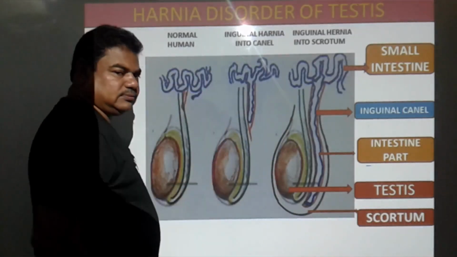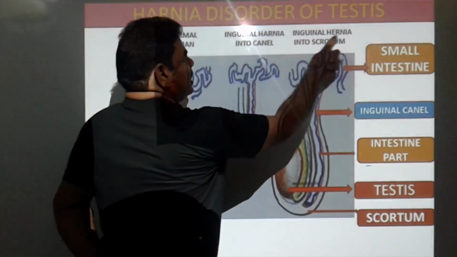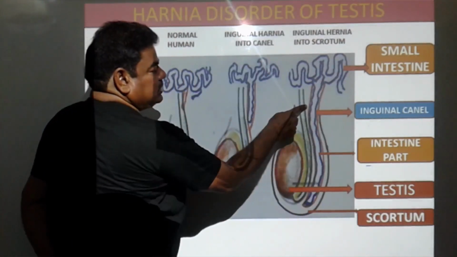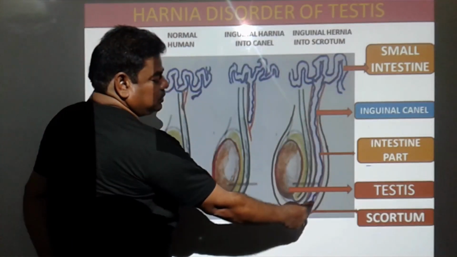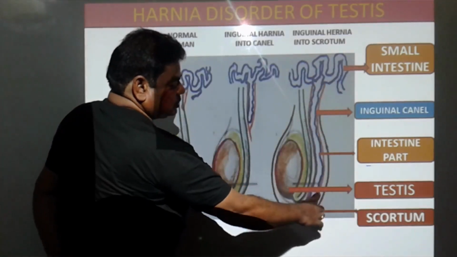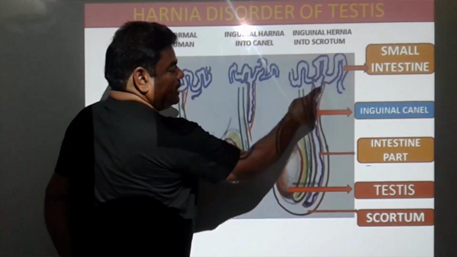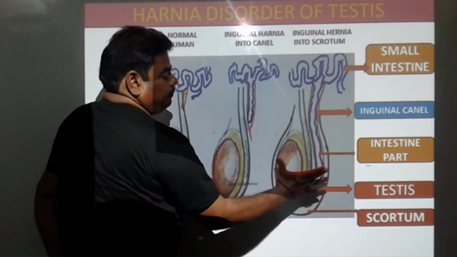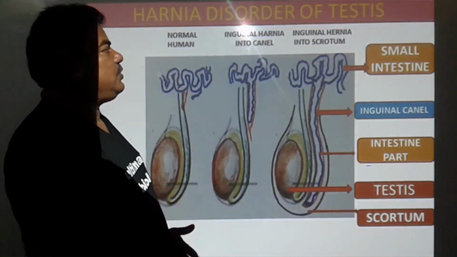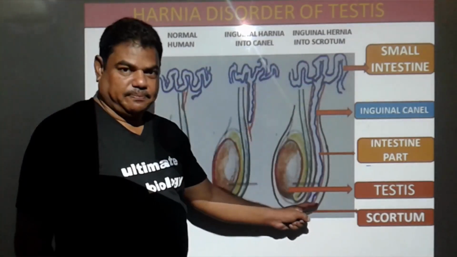This is a disorder, and there is pelvic pain. Next one we call inguinal hernia into the scrotum. When the small intestine enters up to the scrotum through the inguinal canal, by piercing the inguinal canal, that disorder is called inguinal hernia in the scrotum.